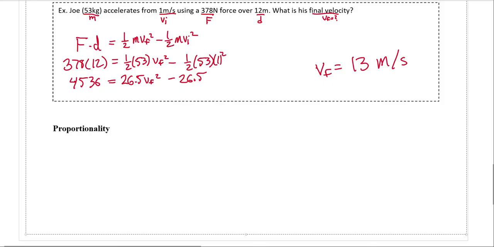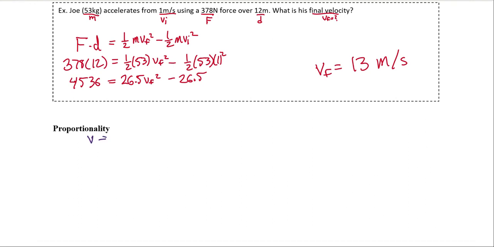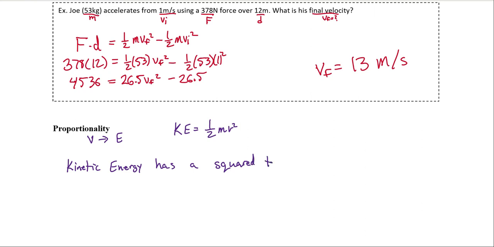There's one more note on proportionality, and this is all about relating the velocity to your amount of energy. By taking a look at our kinetic energy formula, KE is equal to 1/2 mv squared, we can see that our kinetic energy has a squared relationship to the velocity.